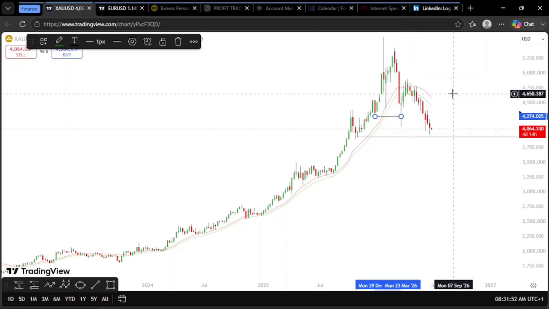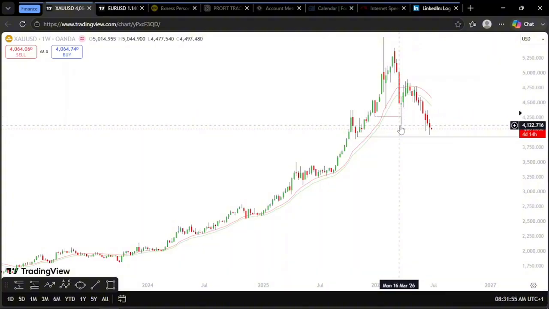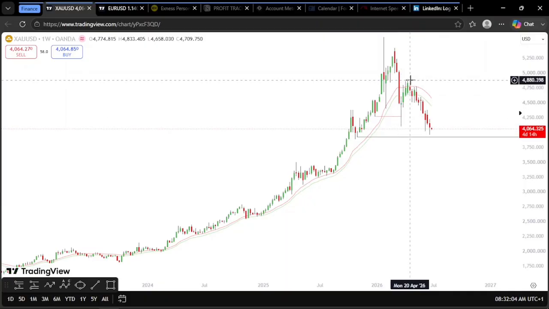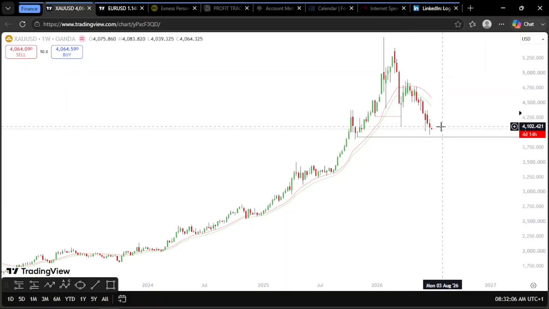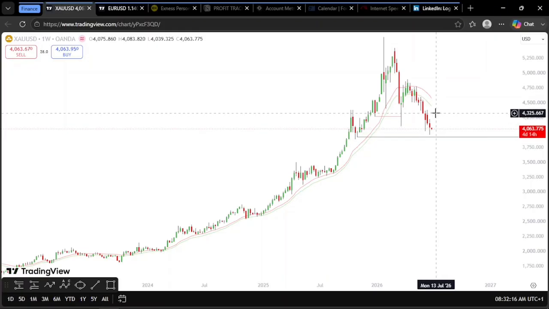As you can see, price tried to break this weekly low here, but we didn't get a close below it, so we still assume the market is bullish. We tried for the second time here and the third time here. There has not been a confirmed switch on the weekly time frame, so personally we are still bullish on the weekly time frame.